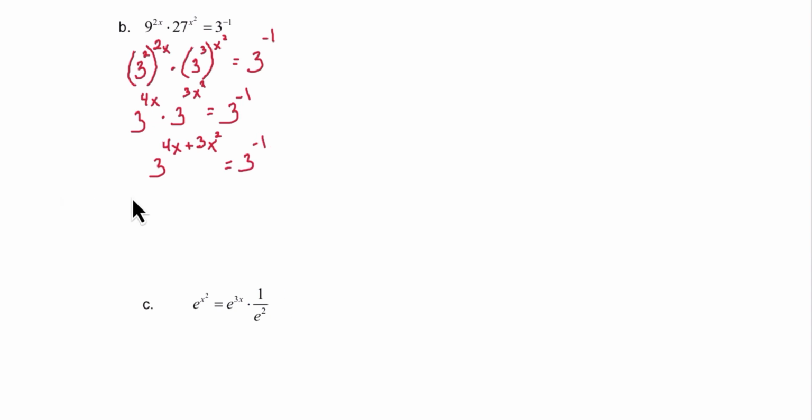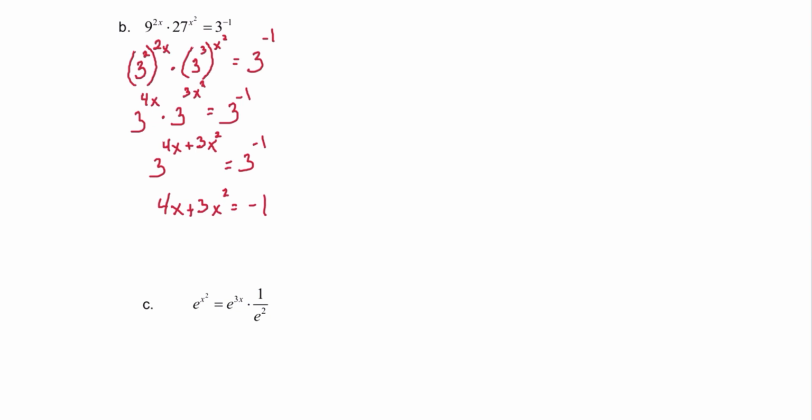Notice at this point we have 3 raised to a power equals 3 raised to a power. Whenever you have a single base on both sides of the equal sign and they are the same base, we can simply remove the base and set the exponents equal. So we have 4x plus 3x squared equals negative 1.